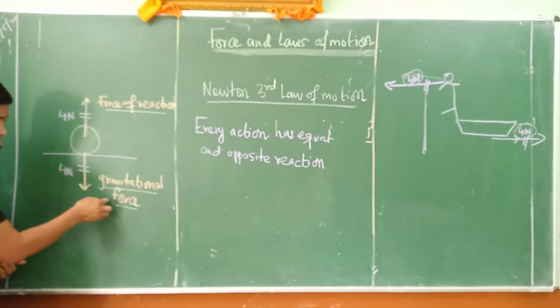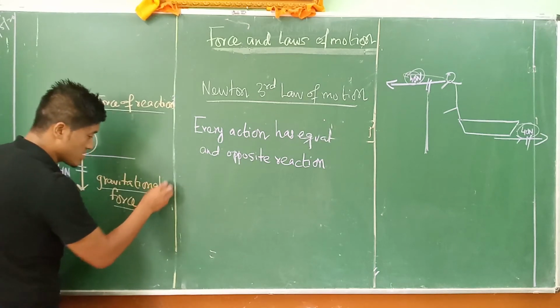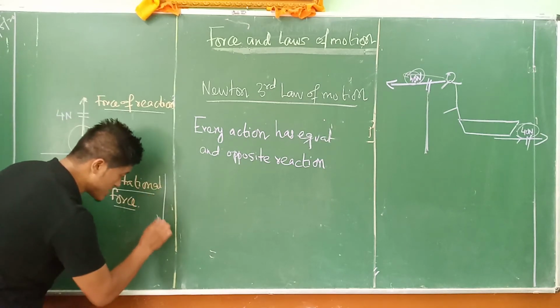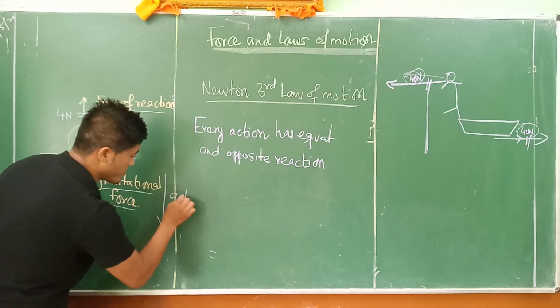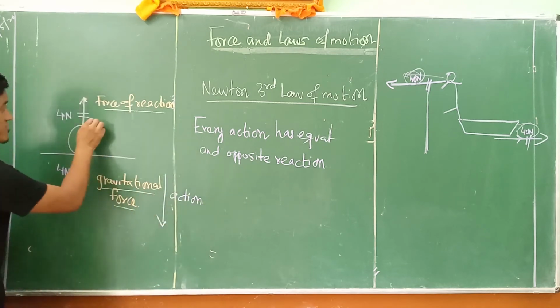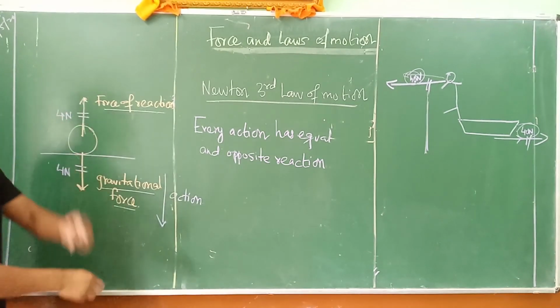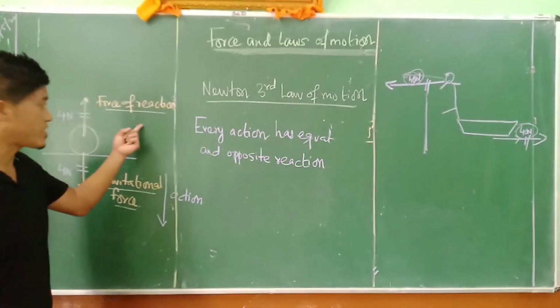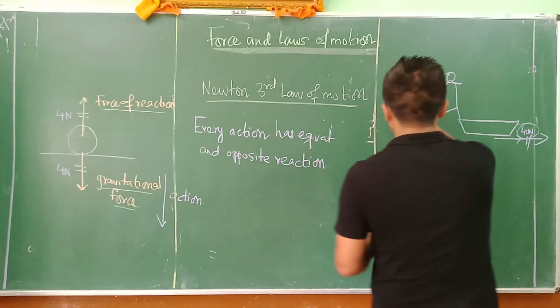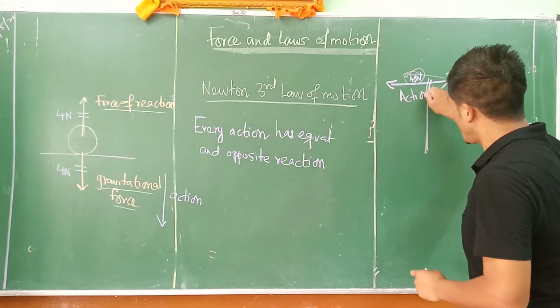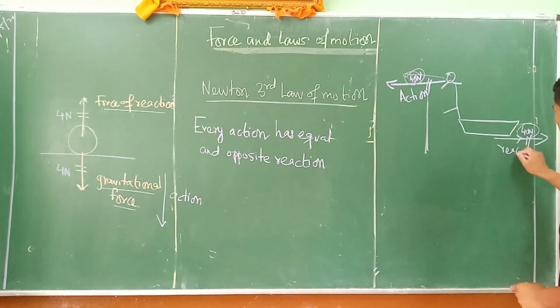Now here, in this case, this gravitational force is referred to as the force of action, and this is referred to as the force of reaction. Every action has an equal and opposite reaction. In this case, this is the action part, and this is the reaction part.